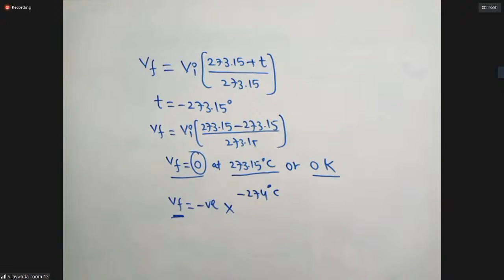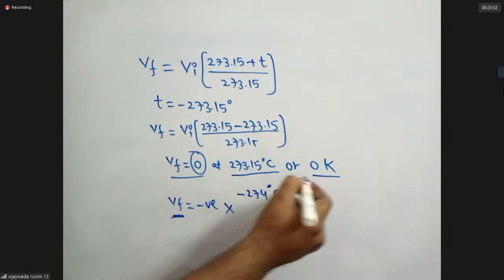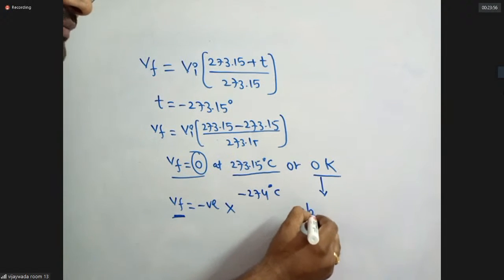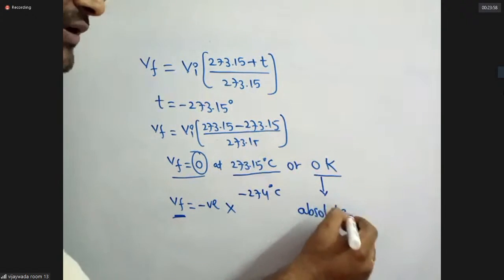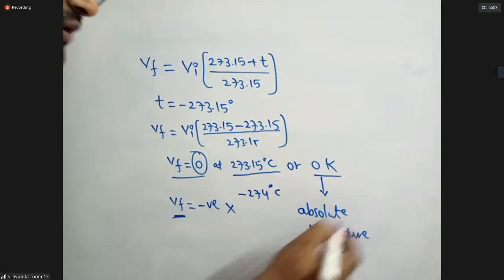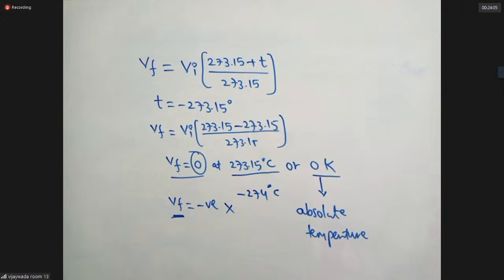So this 0 degree Kelvin is called absolute temperature. Please remember this point. What is absolute temperature? The temperature at which all gases are liquefied or solidified. That is called absolute temperature. That is 0 Kelvin, minus 273.15 degrees Celsius.